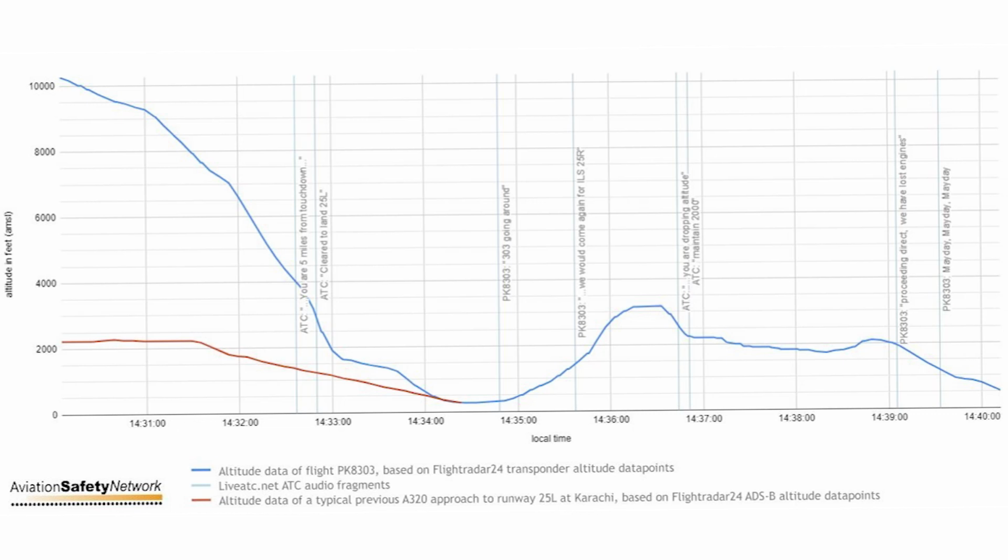The blue line shows the approach profile of the PK-8303 of Pakistan International Airlines, and the red line shows the approach profile of any aircraft which is landing at the Jinnah International Airport. As you can see, PK-8303 was at 10,000 feet, while the normal aircraft approaches at this same position at 2,000 feet.